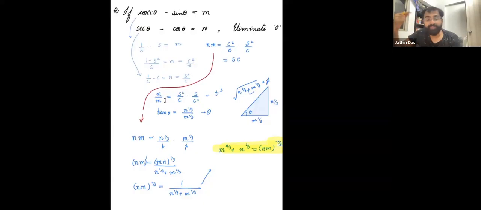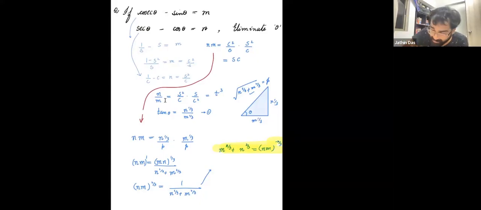This will come in later chapters as parameters. So I'm eliminating this parameter. Theta should not be there. There should be only m and n. I don't know if you have studied conic sections properly, but there are parameters, so if you have to eliminate that parameter, this is one way of eliminating. Then later in calculus also there is elimination of parameters.